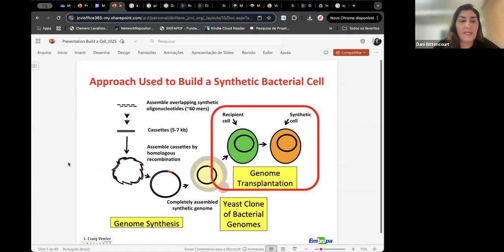At the time they were capable of synthesizing small synthetic oligonucleotides, which were assembled together in larger cassettes, and then through homologous recombination they were inserted into yeast. And then after this, genome transplantation was performed between yeast and a recipient cell, which in this case was Mycoplasma capricolum, another Mycoplasma species phylogenetically related to Mycoplasma mycoides. And then we were capable of developing the synthetic cell.